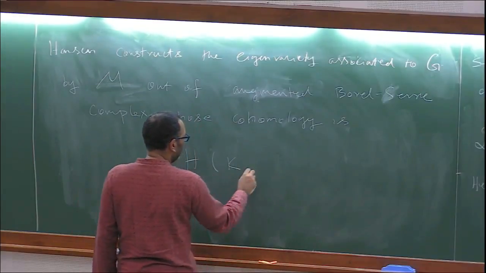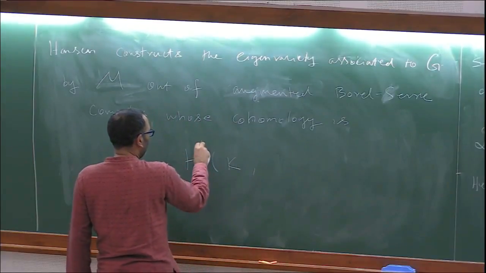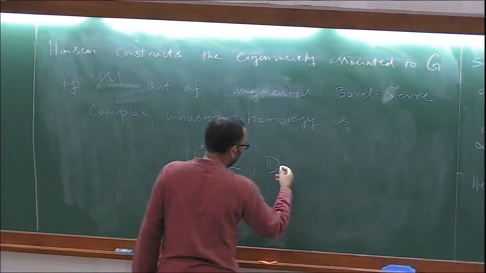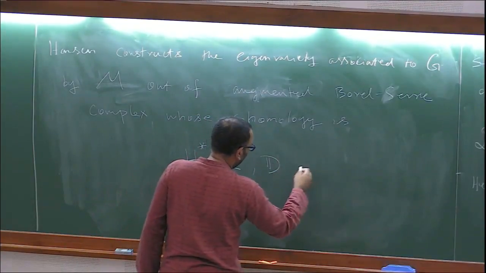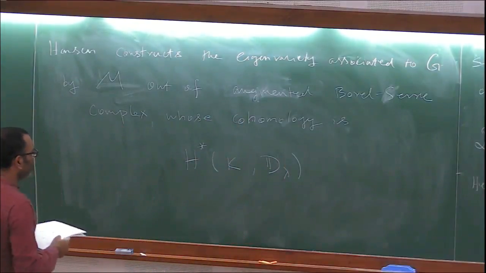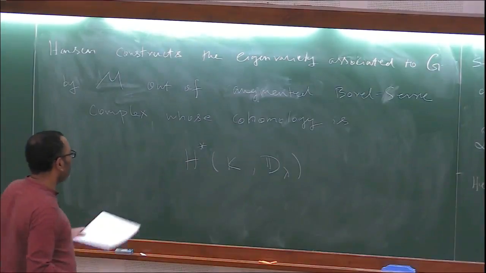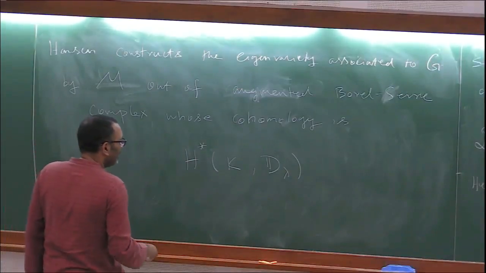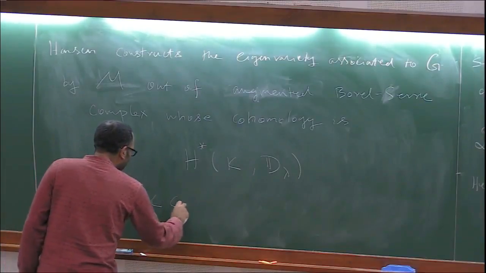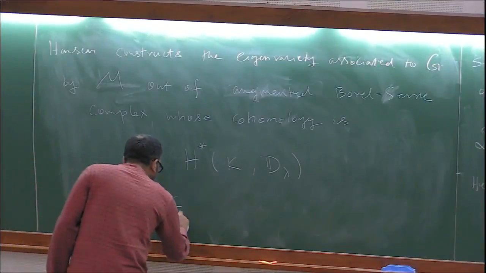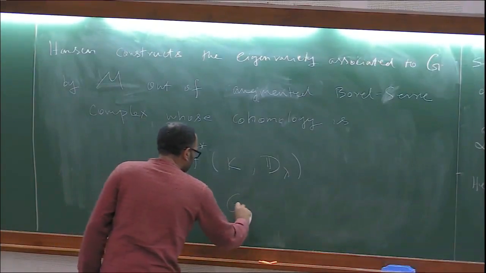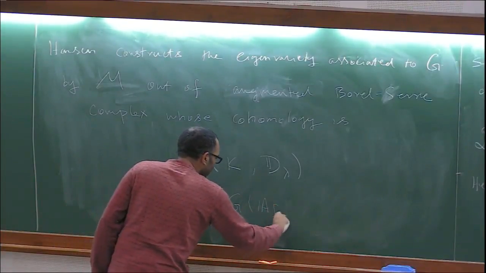So let me call this K, with coefficients in a certain sheaf, in a certain vector space or a module of distributions. This is the same distributions which appeared in Shanlon's talk yesterday, something similar actually. So here, what is K? K is an open compact inside G of the finite adeles.